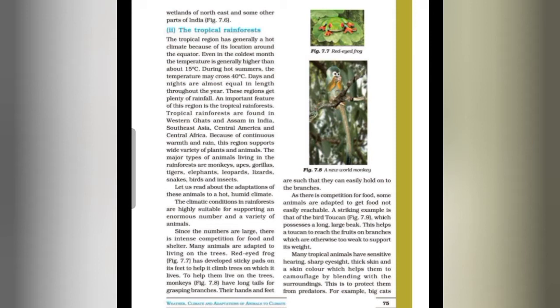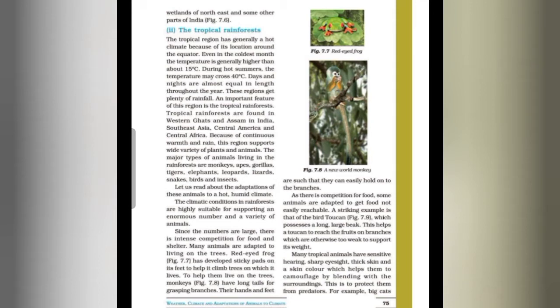So students, the region gets plenty of rainfall. An important feature of this region is the tropical rainforest. The tropical rainforests are home to half of all the living plants and animals on the earth.